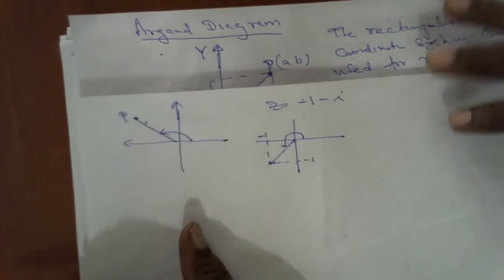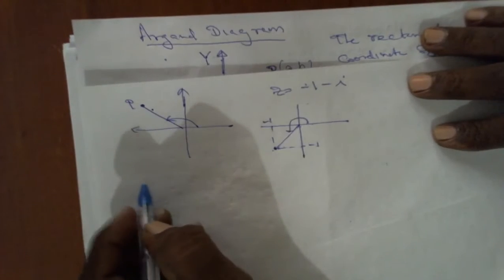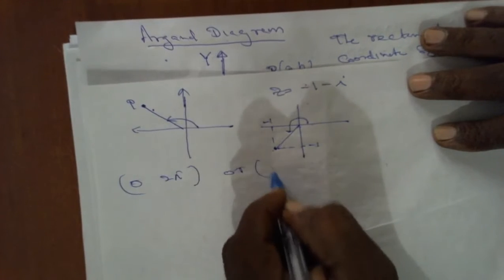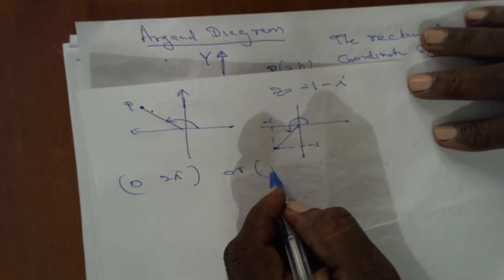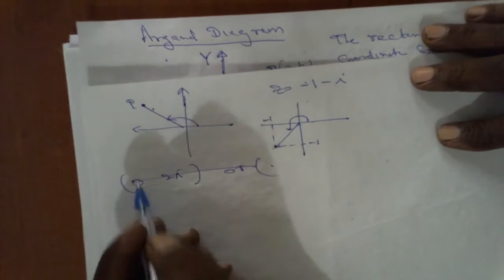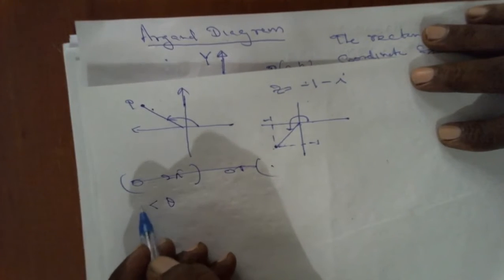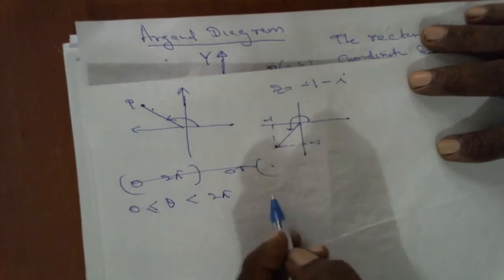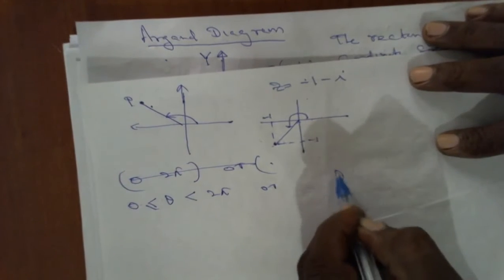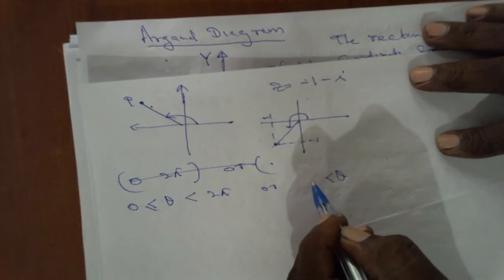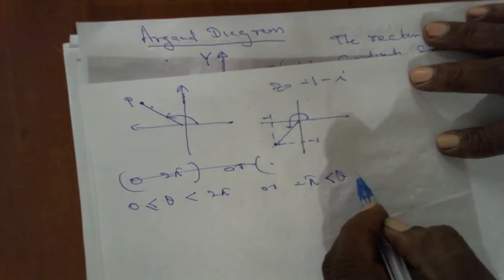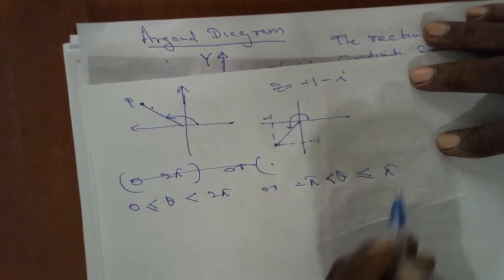So you can measure the angle from 0 to 2 pi. It is better to write theta greater than or equal to 0 and less than 2 pi, or theta greater than minus pi and less than or equal to pi, like this.